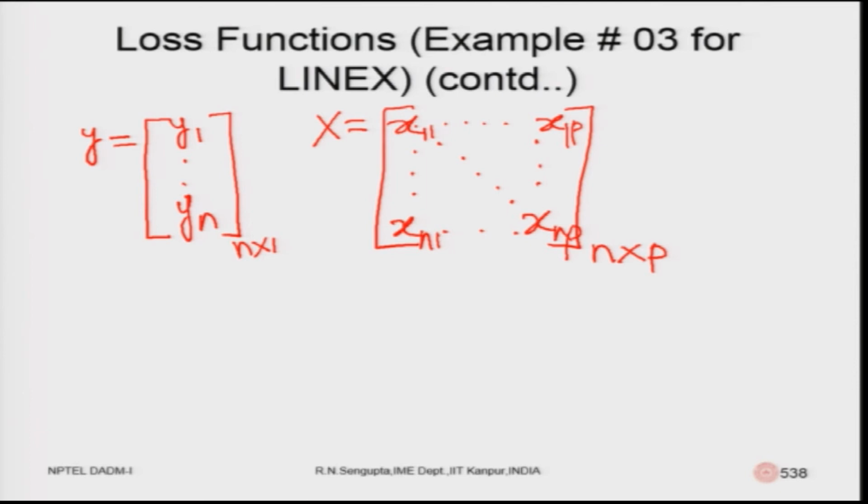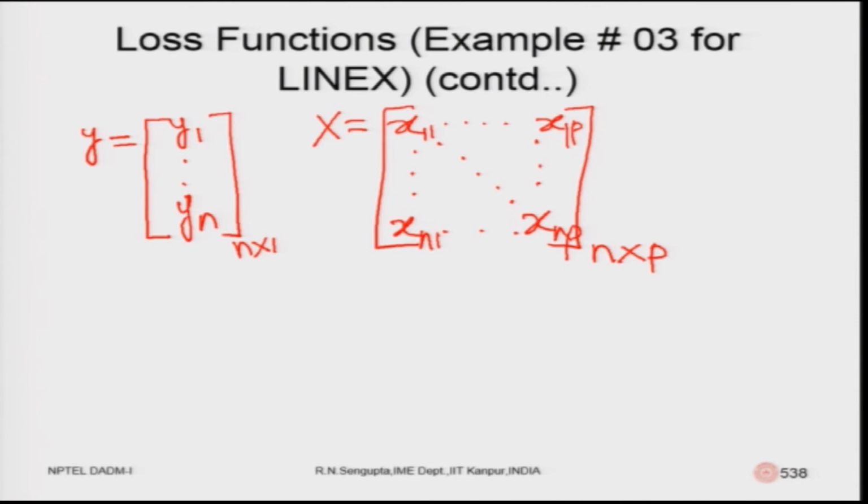For the first data point, you will basically have the data given here, so obviously they will be x1, x2, x3. Corresponding to that, the 1 comma 1 element that I am highlighting is the first element of the first random variable, and the last element in the first row is the first element of the pth random variable.